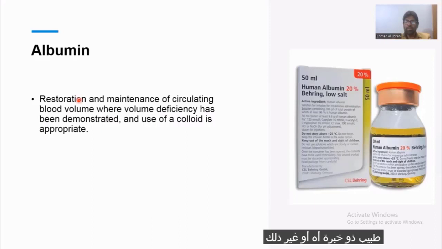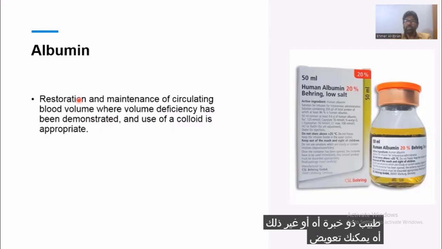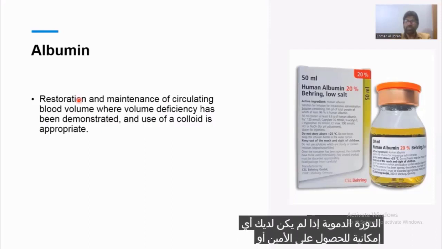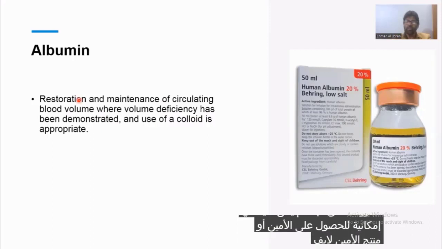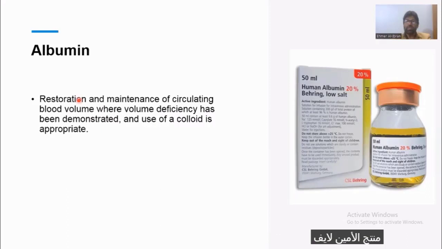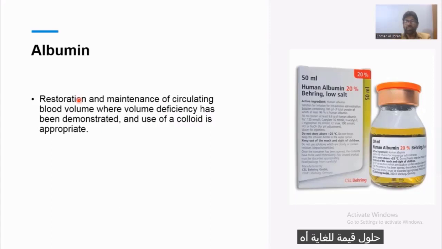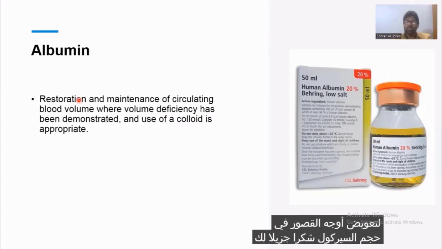Otherwise, if you don't have any facility of getting albumin or albumin-like products, you can compensate the deficiencies with normal saline and ringer lactate. They both are very valuable solutions for the compensation of the deficiencies of circulatory volume.